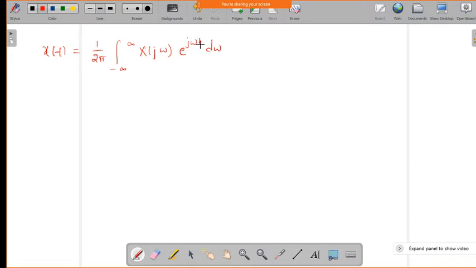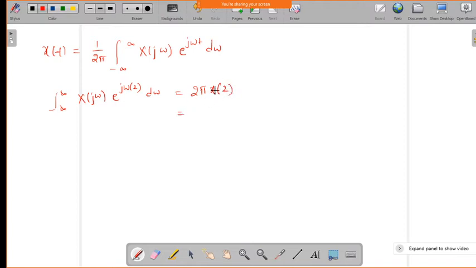Now put the value t equal to 2, and we will get what is required: the integral from minus infinity to plus infinity of X(j omega) into e power j omega into 2 d omega, which is equal to 2 pi into x of 2.